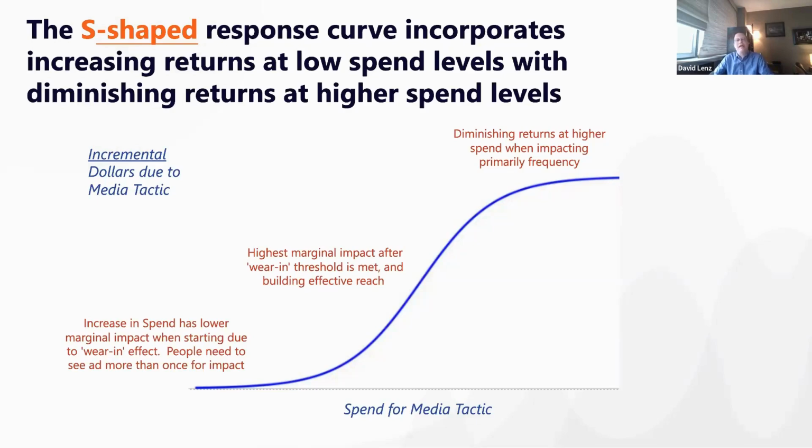So either they're distracted and only get part of the message, or the product itself is complicated and they need more ads for it to sink in. But after it passes the threshold, when it gets to the middle of spend, then it behaves like a C curve. You get the rapid increase in the middle, and then it declines at higher levels of spend, when we're impacting primarily frequency, and we're hitting that diminishing returns point.